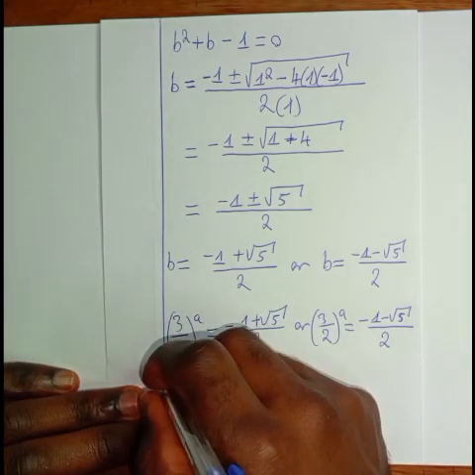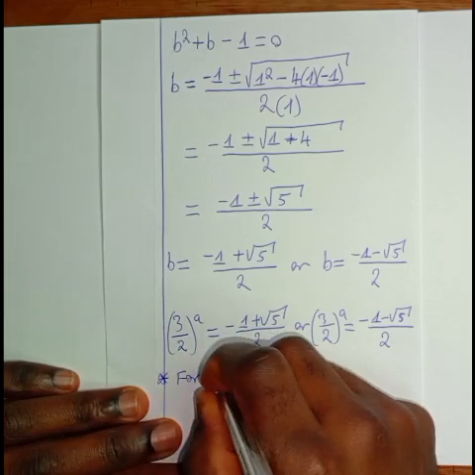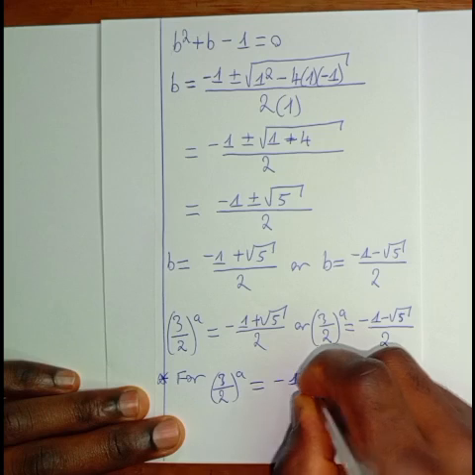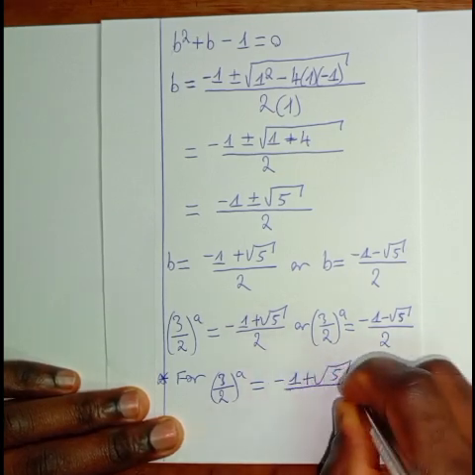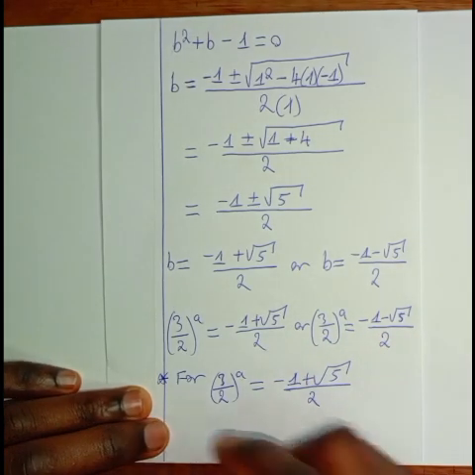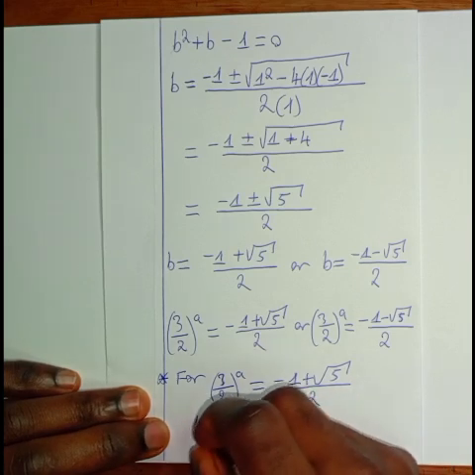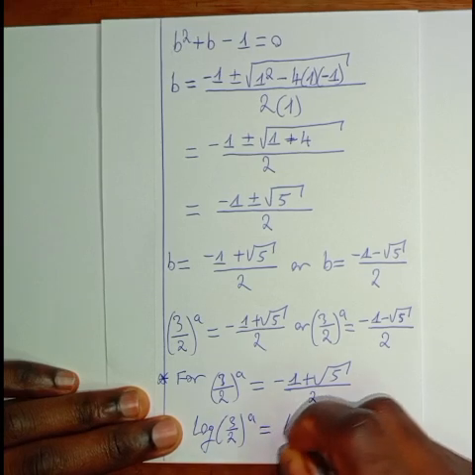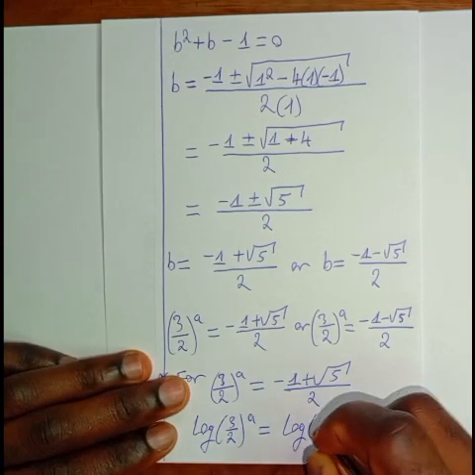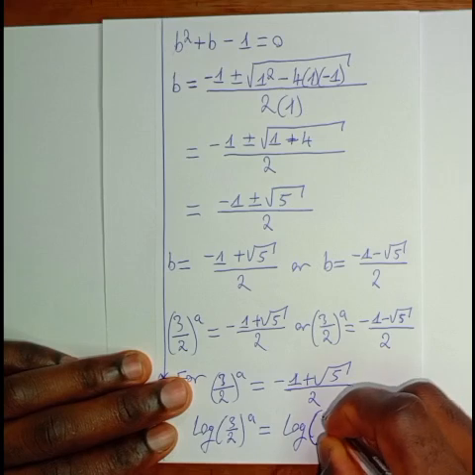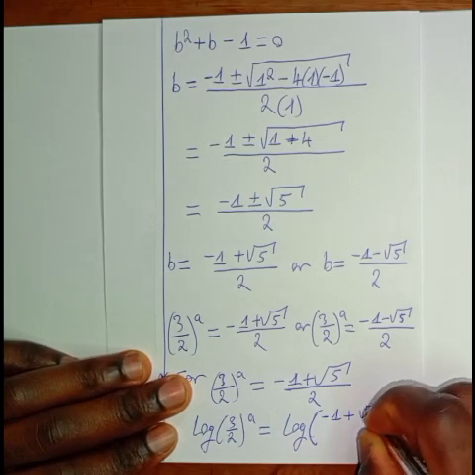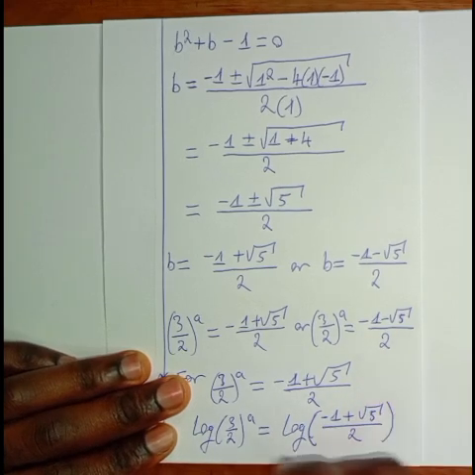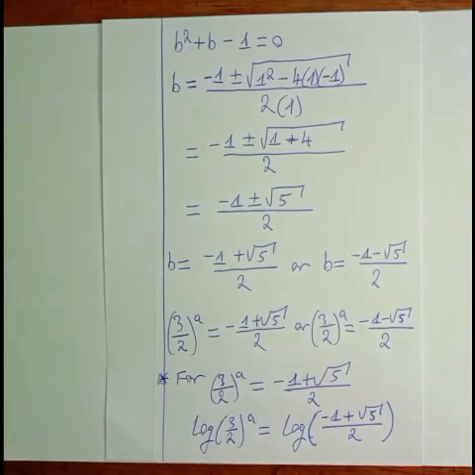If we take log to the base 10, if we take the first one, 3 over 2 raised to the power e equal to -1 plus root 5 over 2, and take log to the base 10 on both sides, this will give us log of 3 over 2 to the power e is equal to the log of -1 plus root 5 all over 2. Here -1 is less than root 5, so we are taking the log of a positive number, which is real.